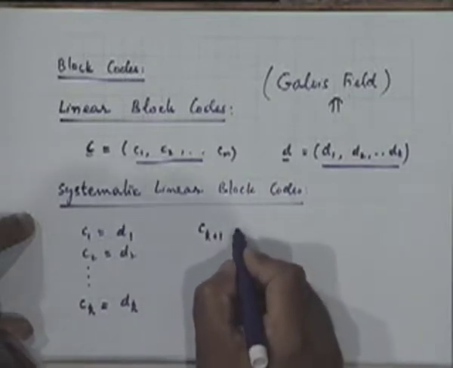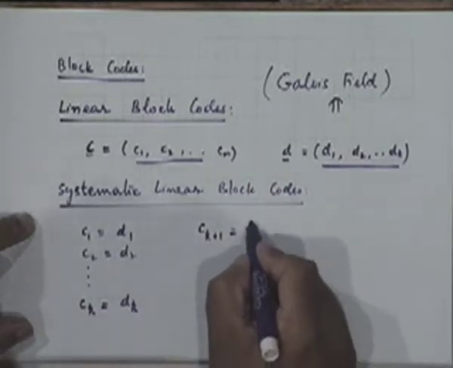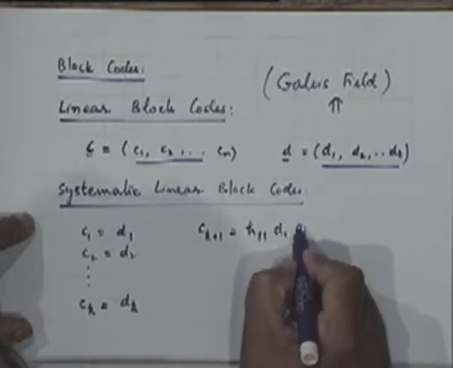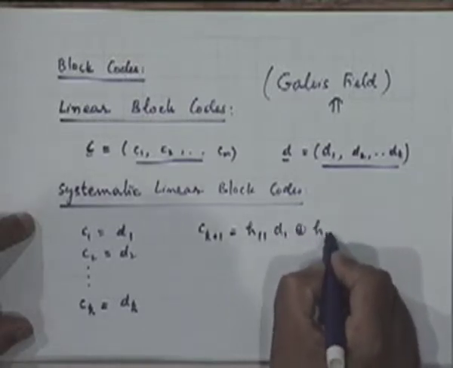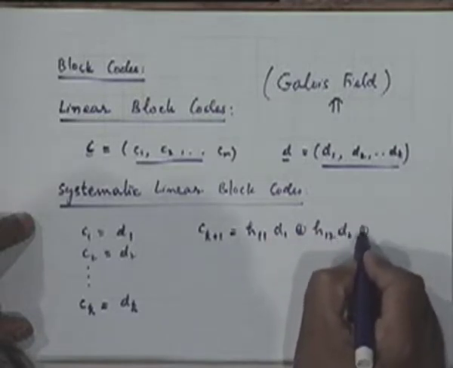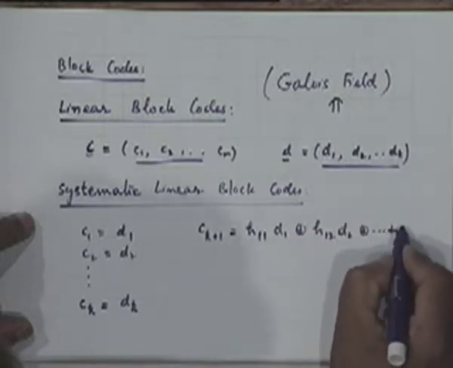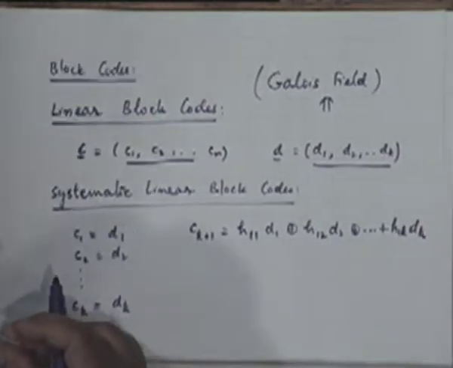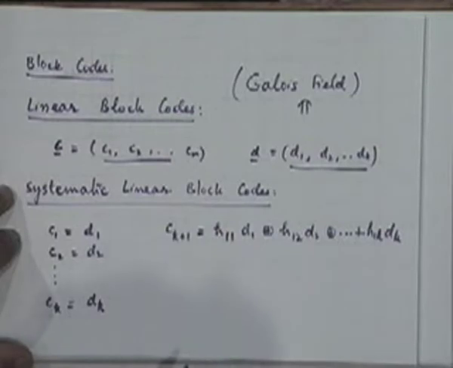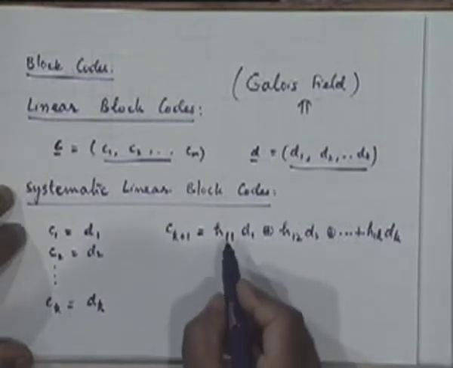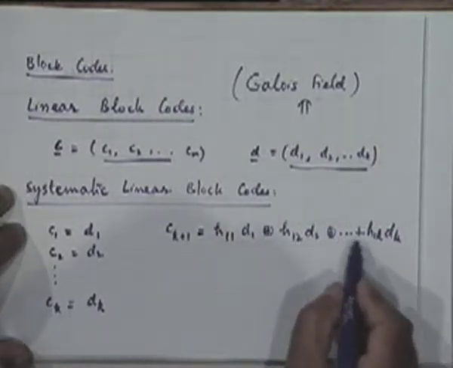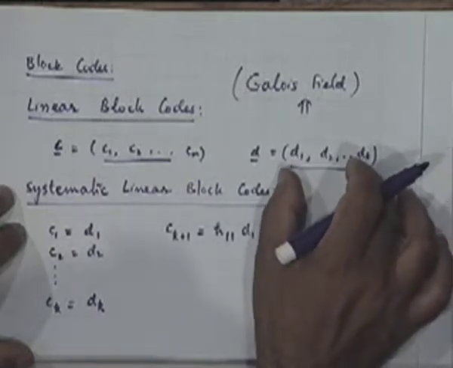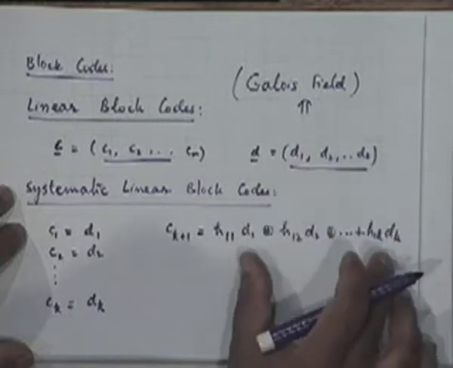So C(k+1), for example, could be H11 D1 plus H12 D2 plus up to H1k Dk. Okay, where H11, H12, H1k are the coefficients of linear combination, so we are taking some linear combination of these k bits.